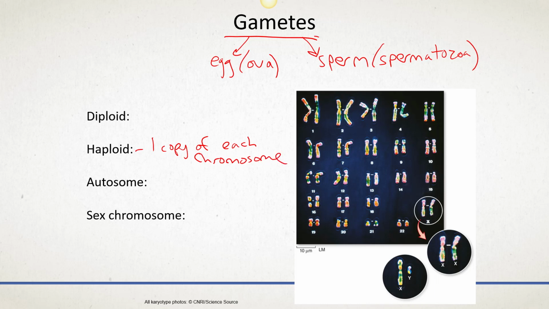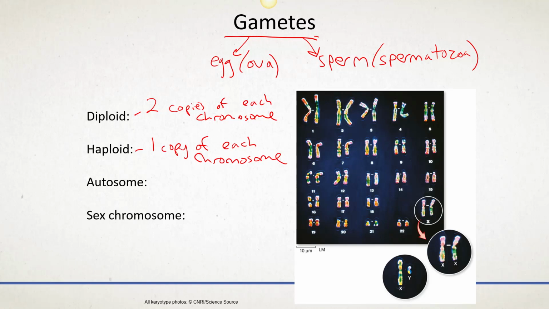While pretty much every other cell in the body is diploid. Diploid means that they have two copies of each chromosome. One copy came from their mom, one copy came from their dad.